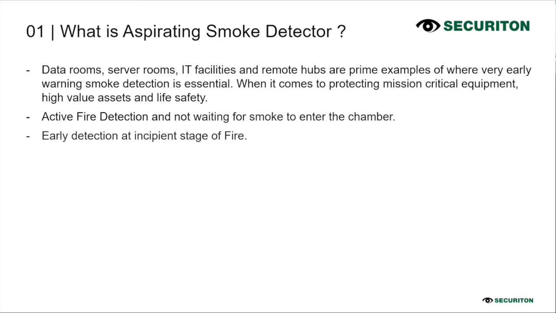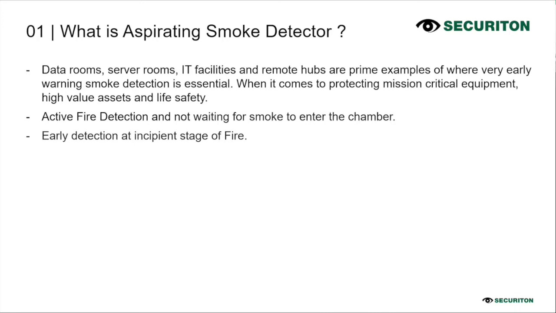The sampling chamber detects the presence of smoke suspended in air by detecting the light scattered by it in the chamber. ASDs can typically detect smoke before it is visible to the naked eye.